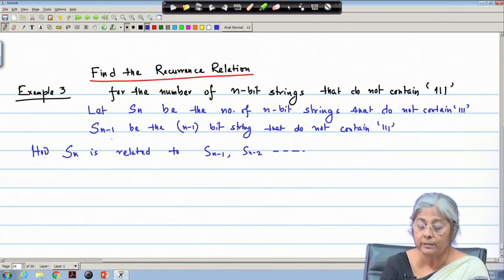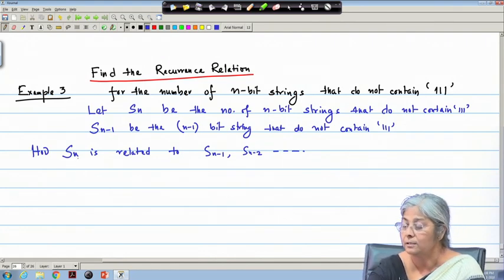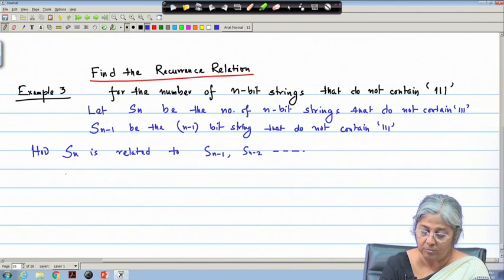Now, how can we find Sn, because it should not contain 111.